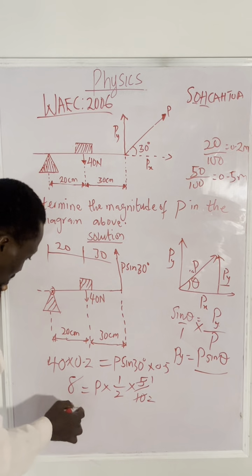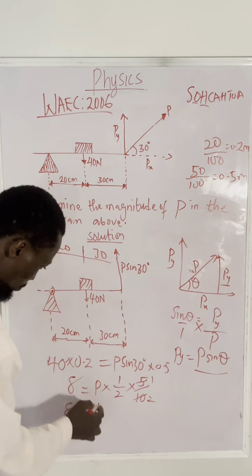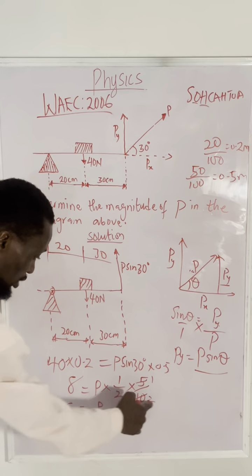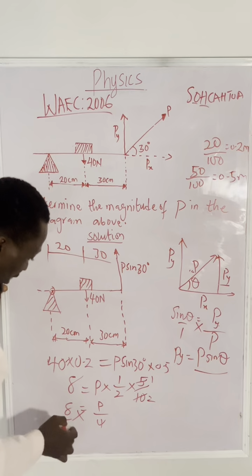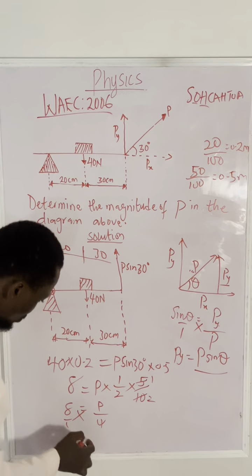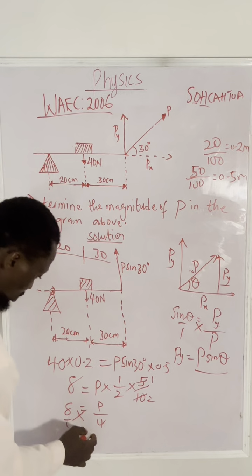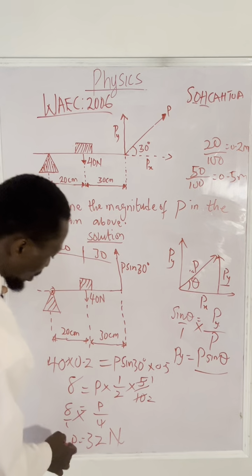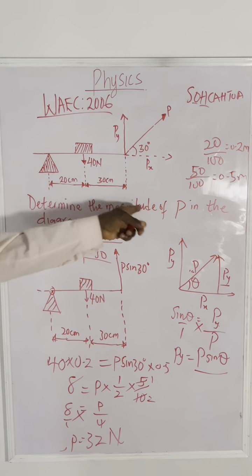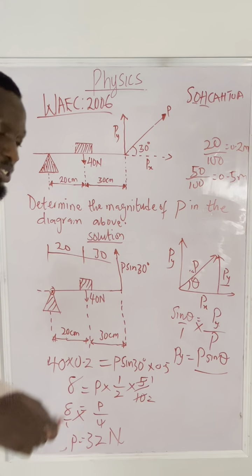So I'm going to have 8 equals P times 1 over 2 times 2, which is P over 4, right? So if I cross multiply, my P is going to be P times 1, that's P, and 4 times 8 is 32. So the magnitude of P is going to be 32 newtons. Thank you.